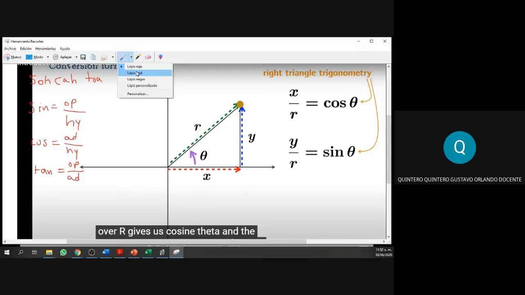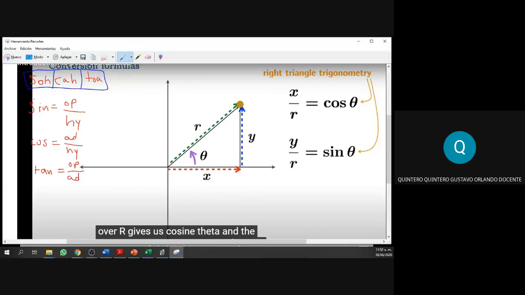So SOHCAHTOA is just a funny word to remember that sine, cosine, and tangent are fractions in a right triangle, right?